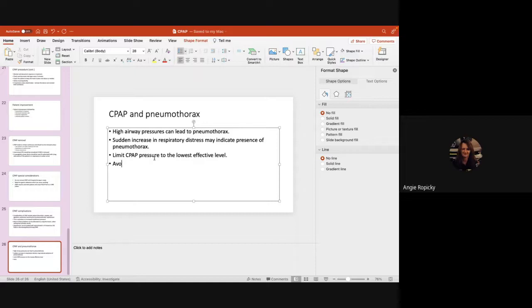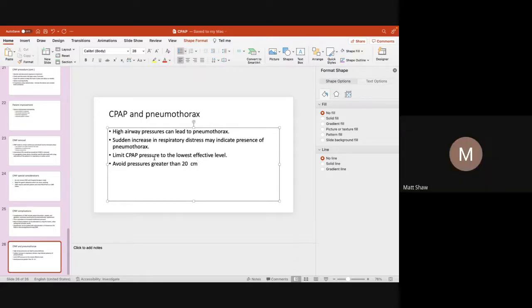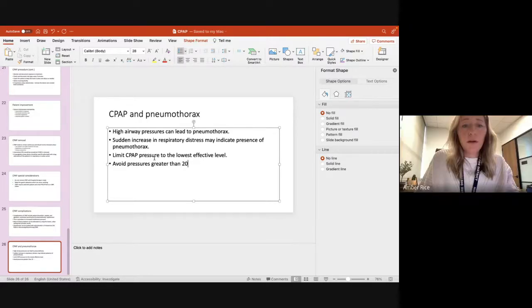I think that's good. I like that a lot. Yeah, people might be apt to be like, well, 5 didn't work, 20 is the next step. It's like, well, maybe we should take baby steps and not jump to this enormous pressure. If pressure is greater than 20, well, that's probably going to be per protocol, huh? It will.